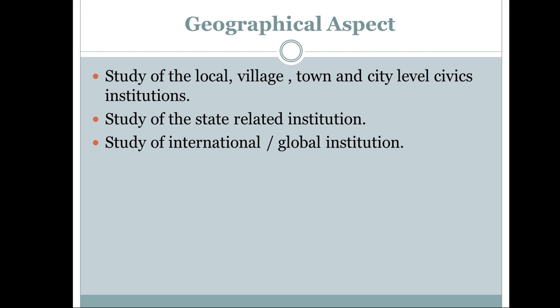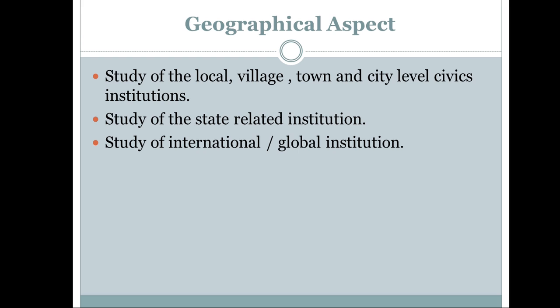Geographical aspect. Study of the local, village, town and city level institutions. That was in the beginning, the small state system, the ancient state system which was there. But again, with the modernization and urbanization and expansion of areas and territories and the state, it further increased itself, and the study of the state related institutions was more modernized and more enhanced.